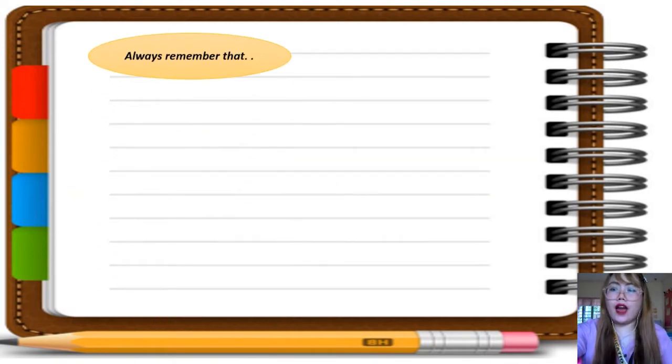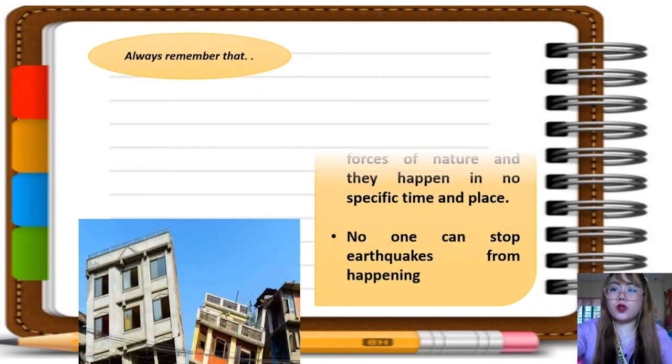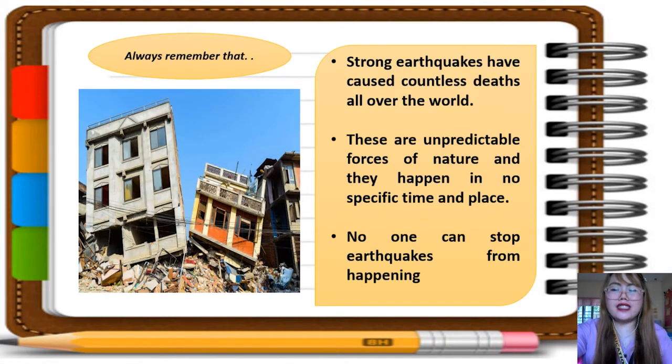You also have to remember that strong earthquakes have caused countless deaths all over the world, even before people started recording these events. These are unpredictable forces of nature, and they happen at no specific time and place.